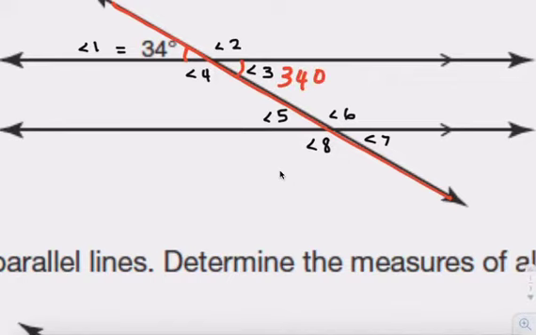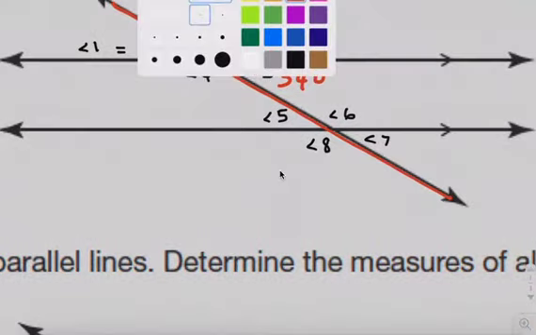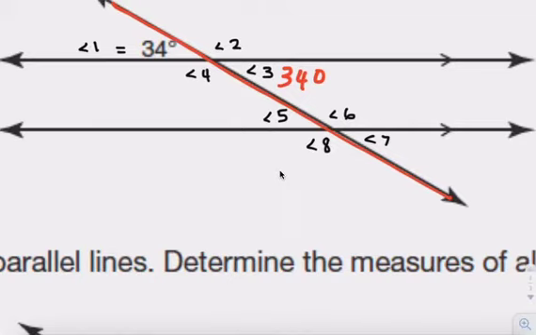And these are called same side exterior angles right here. Same side exterior angles equal 180 degrees.